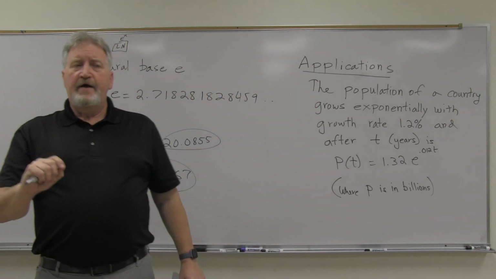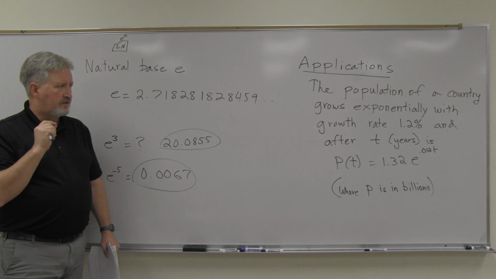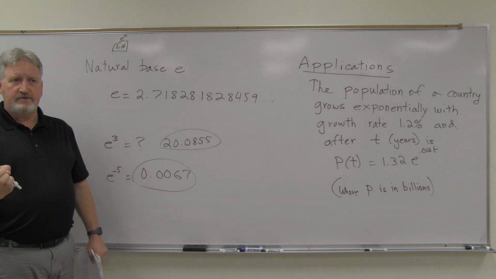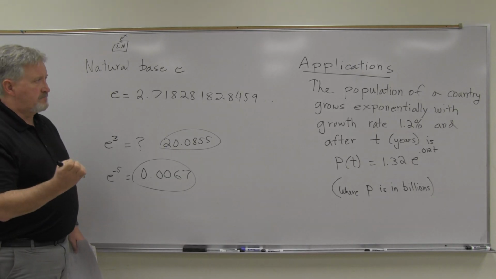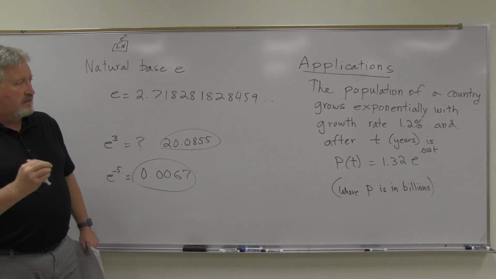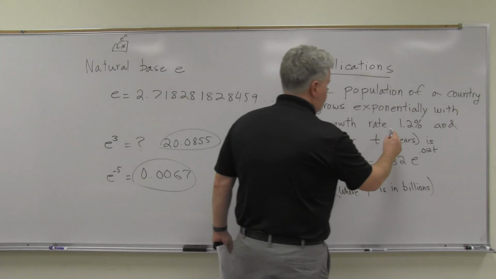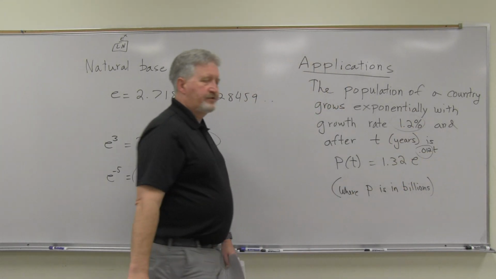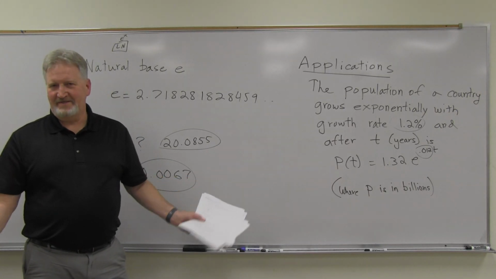Okay, so first of all, notice here that my growth rate does show up in this population model, the equation, because 1.2% is my growth rate, but look here, 0.012. What is 1.2% in decimal?